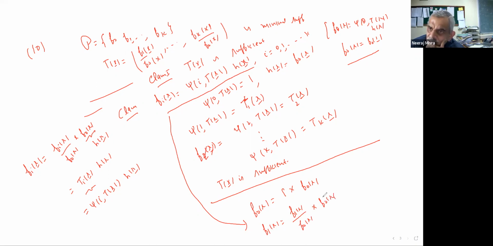Because that will give you f_i(x). In general, f_i(x) can be written as f_i(x) over f0(x), into f0(x). So in all of them, this f0(x) is common, which does not depend on i. So I can take that as h(x).